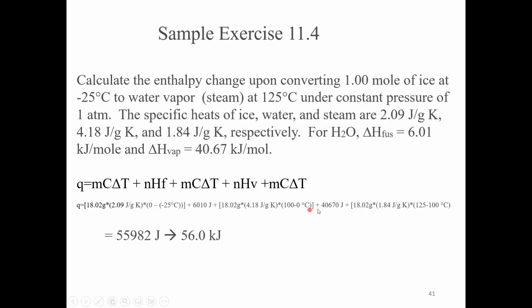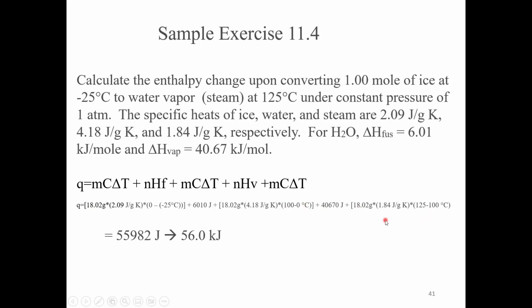And then we've got different pieces for each of these other ones. For the heat of fusion and heat of vaporization, since it was just per mole and we have 1 mole of it, I just simplified it and just put joules here. I just didn't really include the calculation for it, but it's just multiplying by 1. But with the liquid and the steam, just like with the first one, we've just got the mass times the specific heat for whatever phase we're in, and the temperature change for that phase as well.